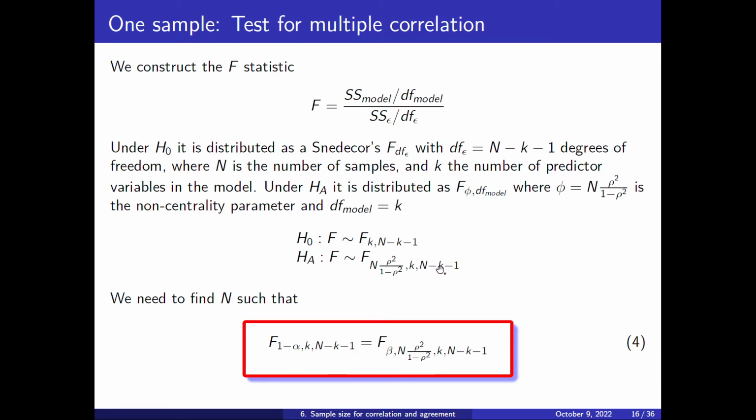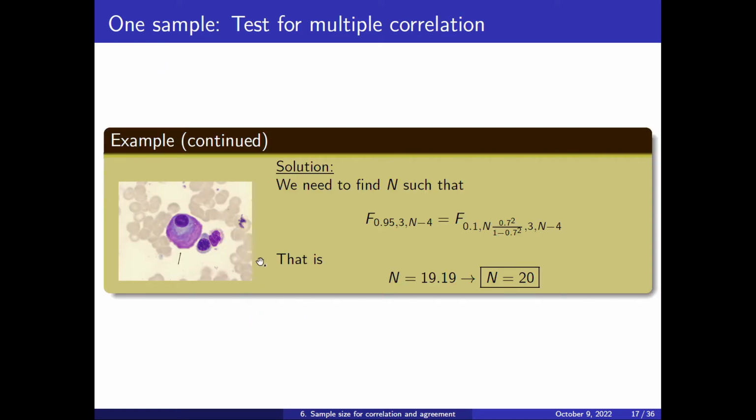So you need to find a critical value such that from that critical value to the right you have alpha, and to the left you have beta. Yeah, it is again not an easy equation to solve, but computers know how to do that, and what you get is n equal 20.